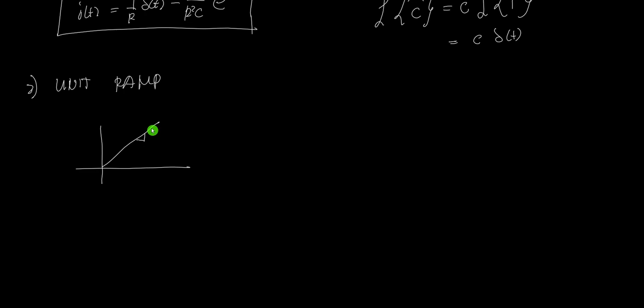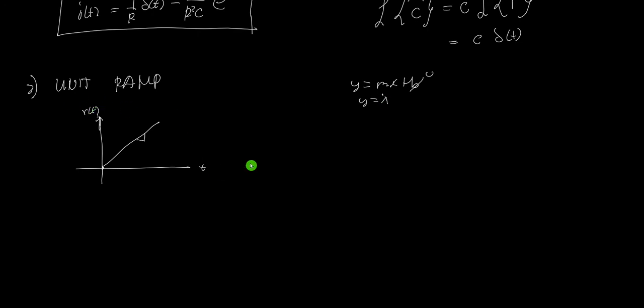And what will be the equation of this one if this is our input r of t and this is t? If the slope is equal to 1, remember y equals mx plus b, the equation of a line. Our y-intercept will be equal to 0 because it passes through the origin, and our slope is equal to 1, so it's just y equals x.